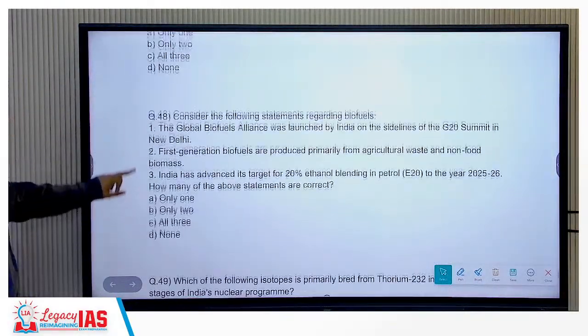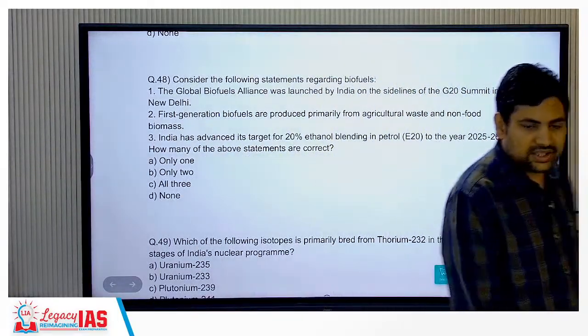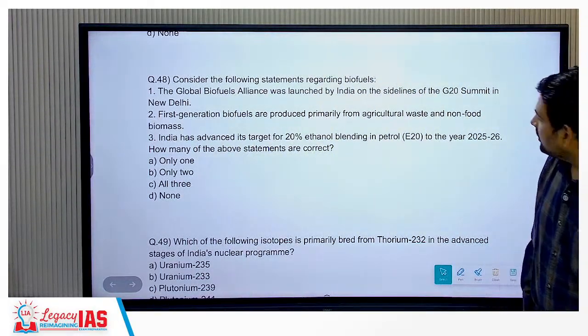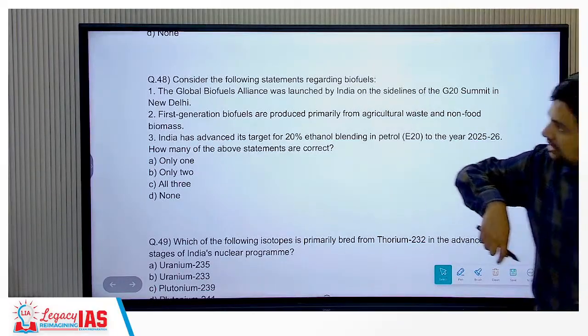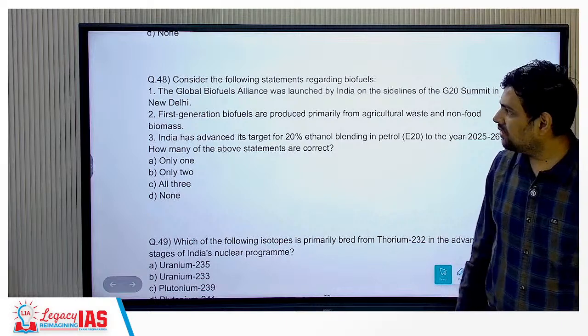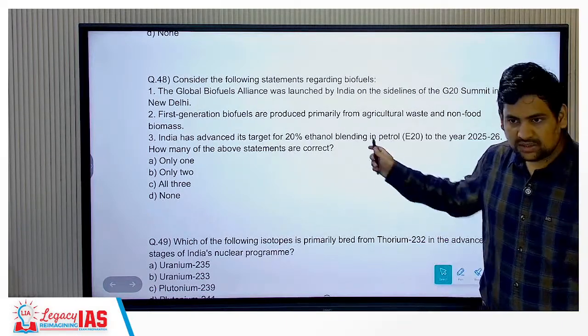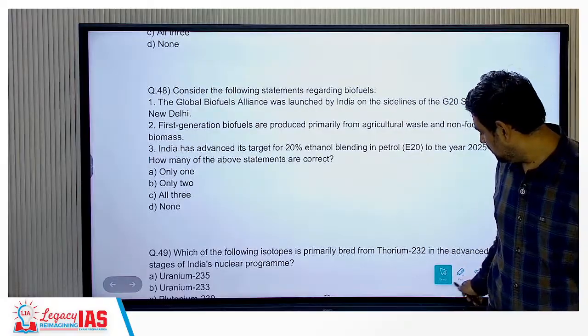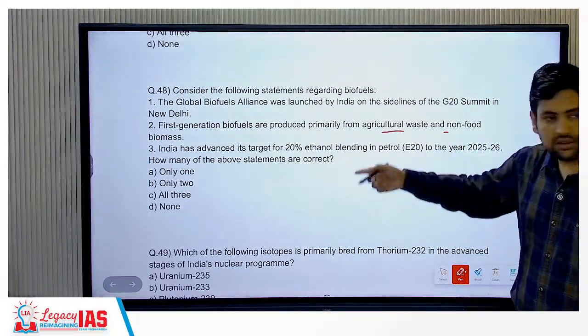Then the Global Biofuels Alliance was launched by India on the sidelines of the G20 summit in New Delhi. Yes, this is correct. Then first generation biofuels are produced primarily from agricultural waste and non-food biomass. Yeah, first is by food crops. So this is wrong. This is second generation, what is written here, agriculture waste and non-food crops.